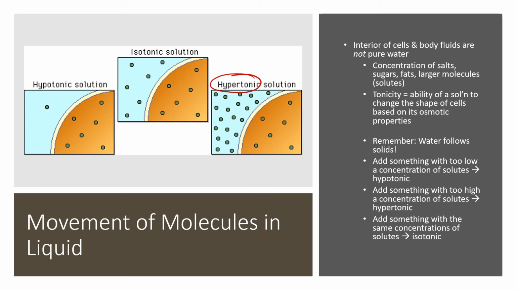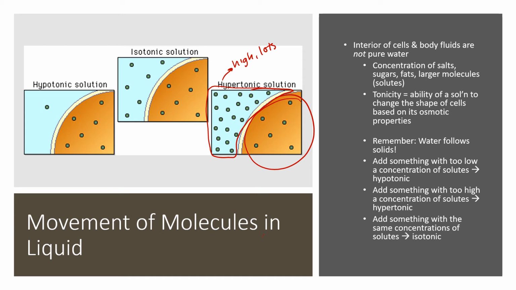Hypertonic, hyper means high or lots, is when you have lots of stuff outside the cell compared to the inside of the cell. I want to stress that this is a relative term. You have to have something to compare it with to use the terms hypo, iso, and hypertonic. You can't just say blood is hypertonic. That doesn't make any sense. Compared to what? You need to give another thing.